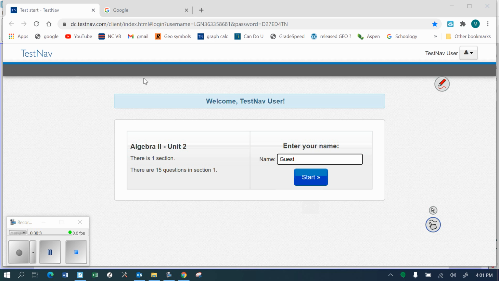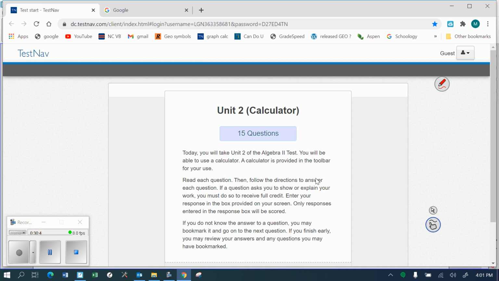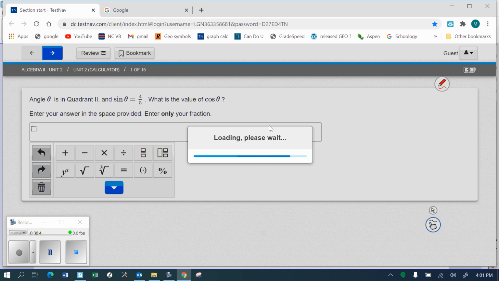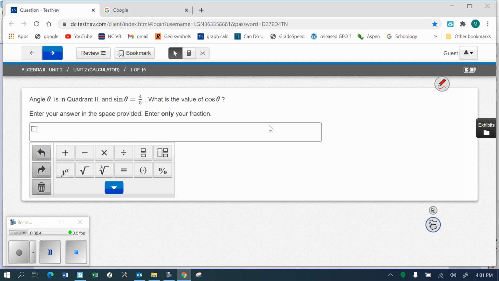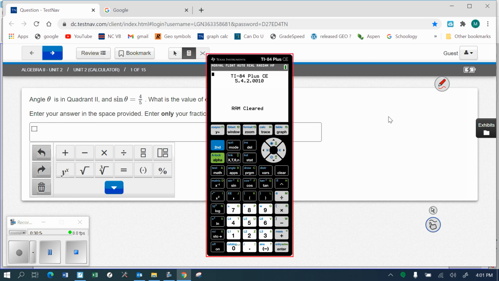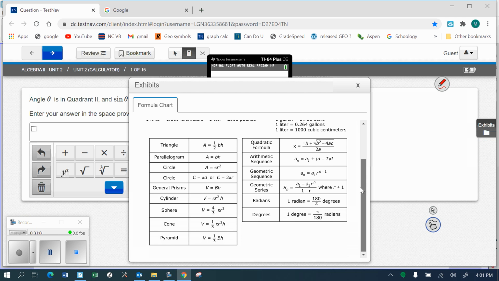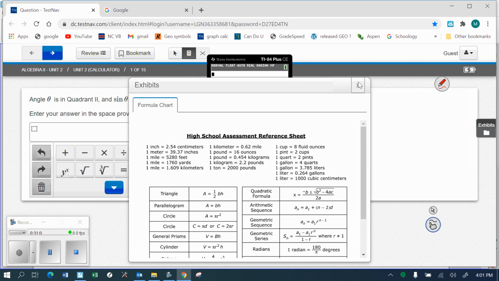The touch is not working, so let's do it this way then. Here's my calculator right up top here. Don't forget for the DCAS, over here where it says exhibits, this is your formula sheet you get to use for Algebra 1, Geometry, and Algebra 2, the same formula sheet.